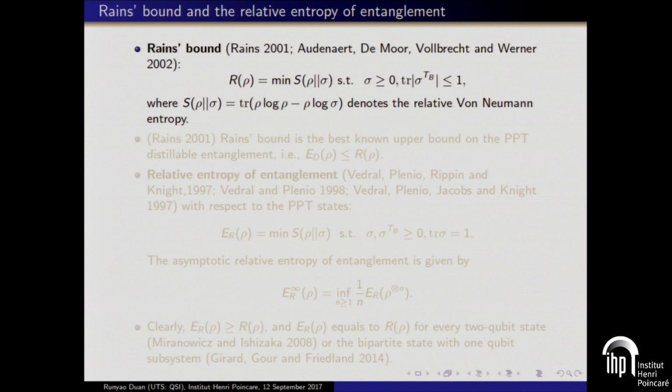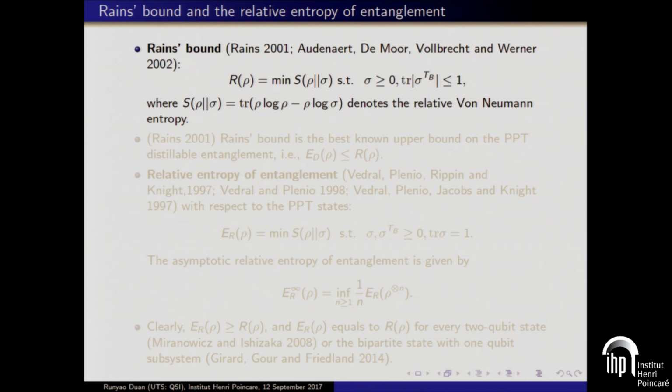It's positive, of course, and actually it's not a state, it's just a positive operator, and they satisfy this property: the partial trace of sigma, taking the absolute value, has trace less than 1. This is another way to write the Rains bound. The original formulation is not in this form. I think this nice formula appears in this paper.